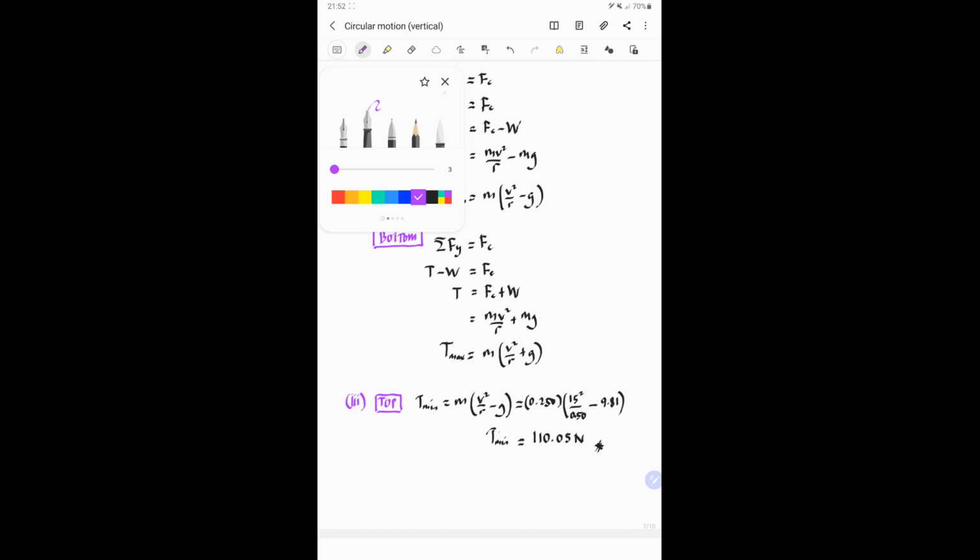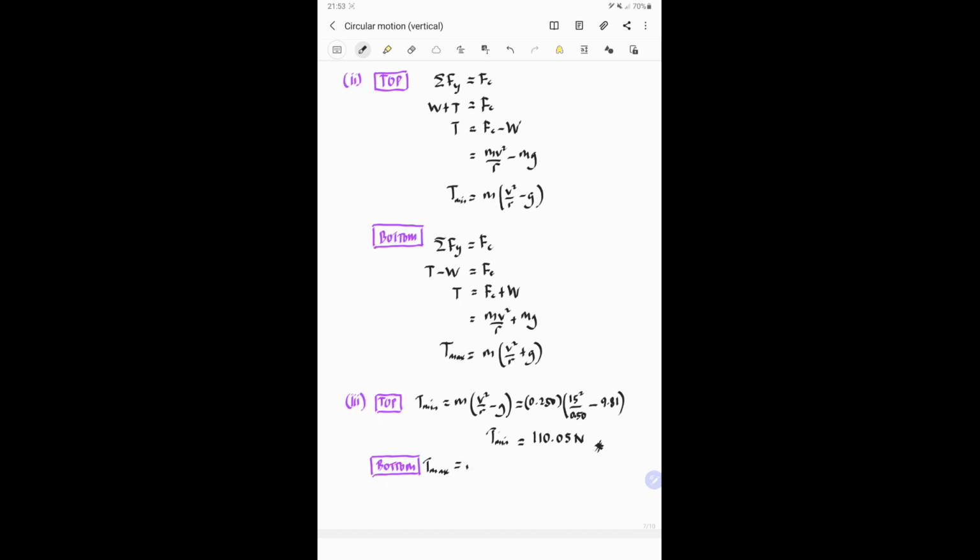So at the bottom, okay, so the equation is T max equals to m v squared over r plus g. Okay, substitute all the values.